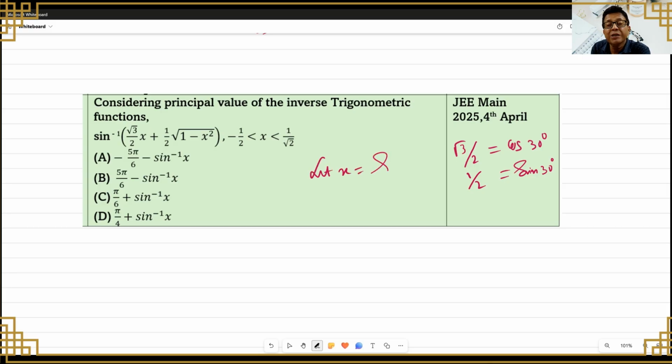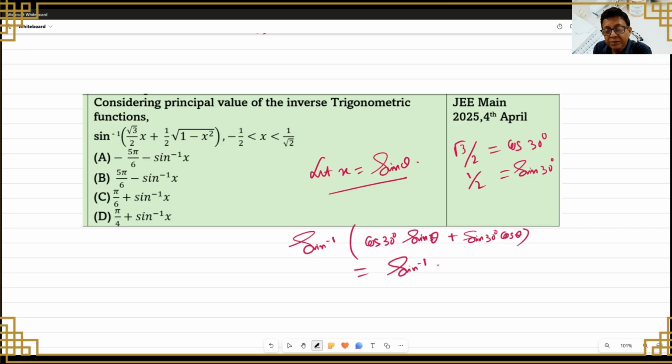x equal to sin theta, then we can express this one in the form sin inverse cos 30 sin theta plus, so this will be changed to sine inverse sine theta plus 30.